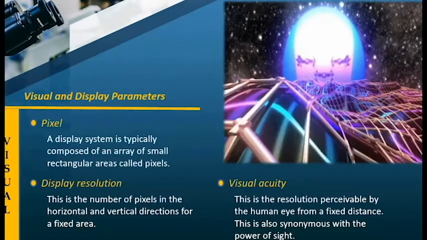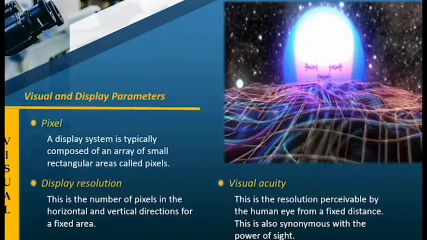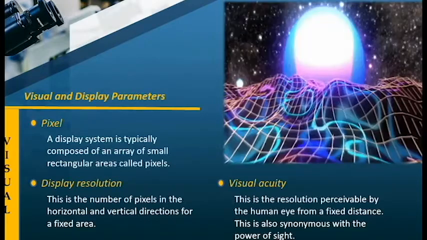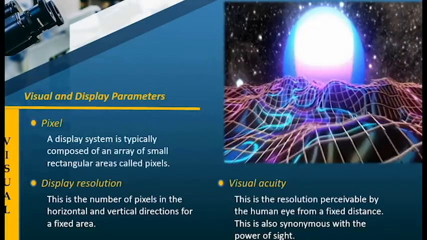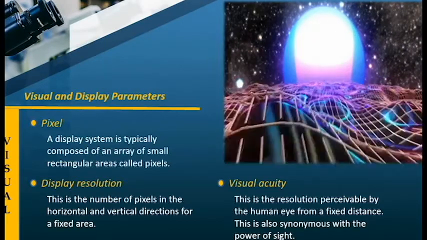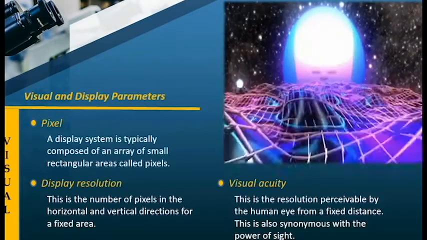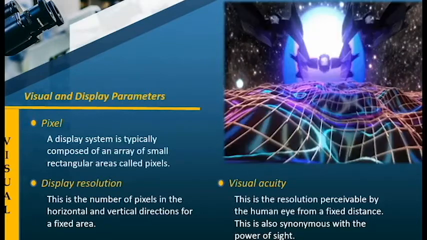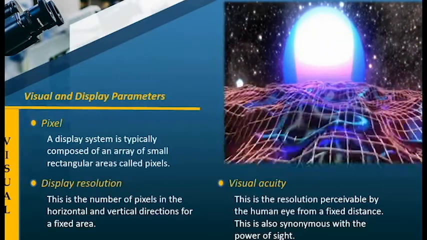Next we have pixel. I think you're familiar with this. A display system is typically composed of an array of small rectangular areas called pixels. And we have another familiar one, the display resolution. This is the number of pixels in the horizontal and vertical directions for a fixed area.